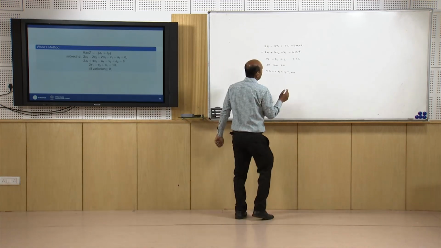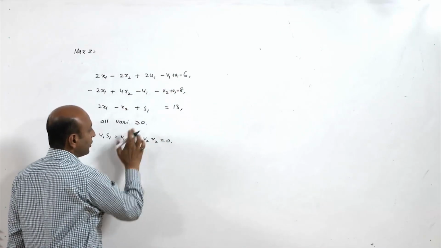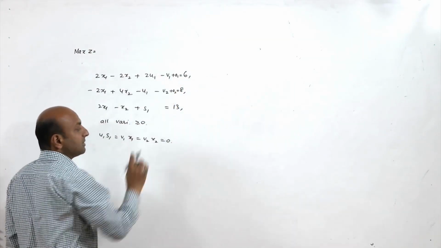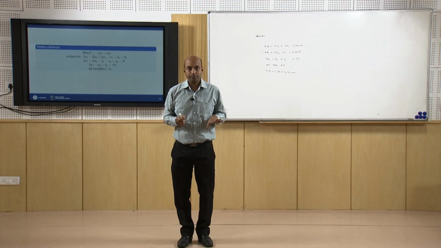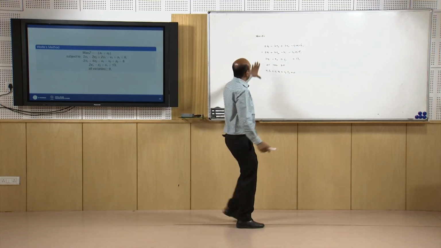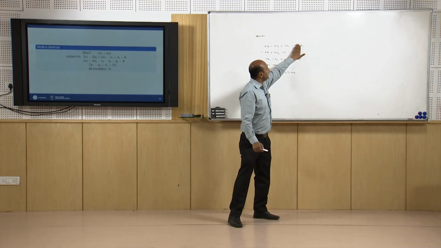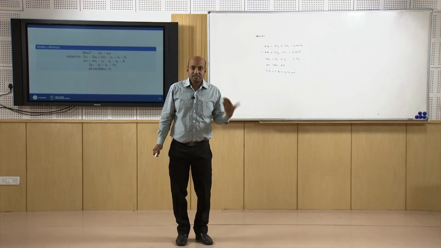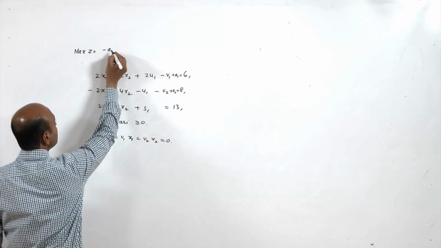Now, we construct our objective function, letting A1 and A2 also be non-negative, all variables non-negative. We want these two variables to leave the basis, because leaving means both become 0. If both become 0, then only we get back to our original problem, which is without A1 and A2. So, we construct our objective function as minus A1 minus A2.